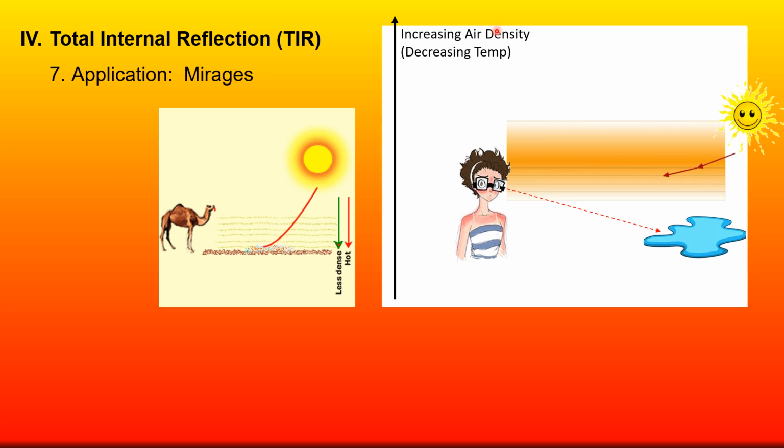Throughout history, mirages occurring in the desert landscapes, and now we'll revert to the picture on the left. Looks like this camel is experiencing a little bit of a mirage here. Mirages occurring in desert landscapes have led to sightings of all sorts of things. You know, most commonly water and oases, sometimes including palm trees in the middle of the desert.